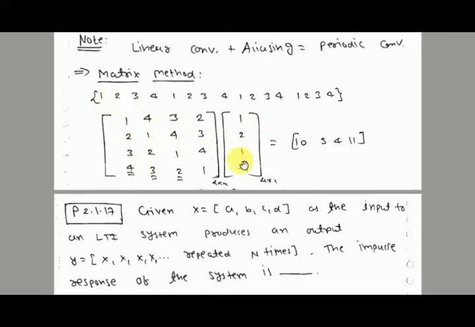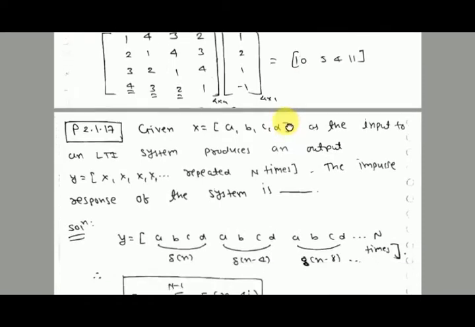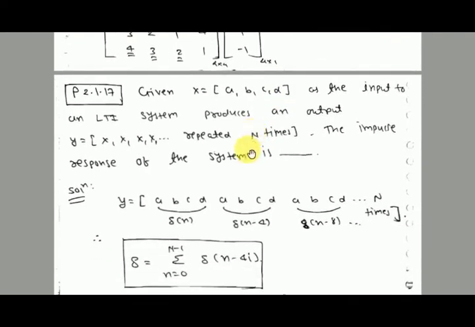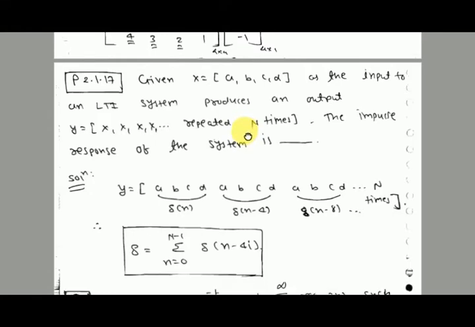You have to take number of columns equal to number of samples in another signal, so that the columns in first matrix will be equal to number of rows in second matrix, and multiplication will be periodic convolution. It is easy. So matrix method is more preferable than the ordinary convolution method.